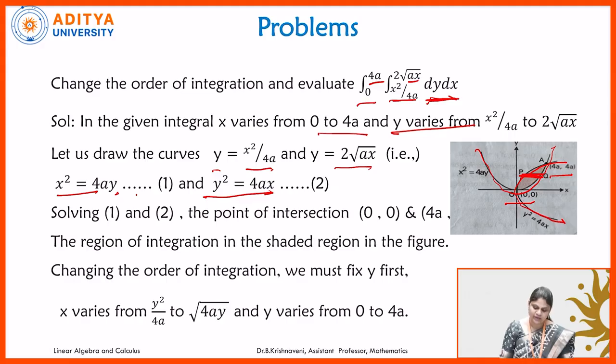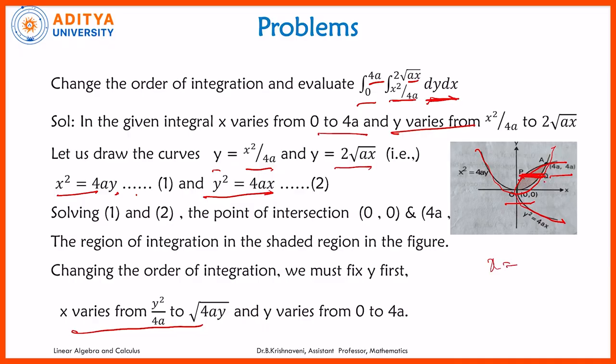So if we consider a horizontal strip, first you will get x limits from left to right. Left means y square is equal to 4ax, from that x is equal to y square by 4a. And the right is touching x square is equal to 4ay, that means x is equal to root of 4ay.